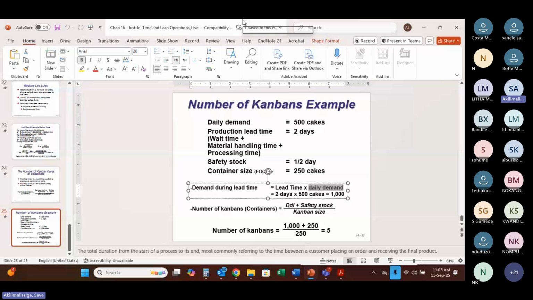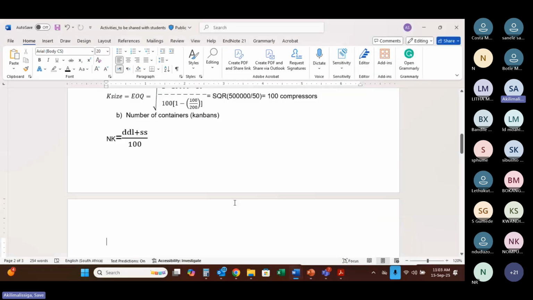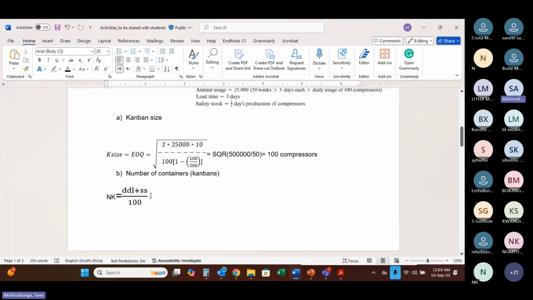So in this case, we need to find the lead time and the daily demand.